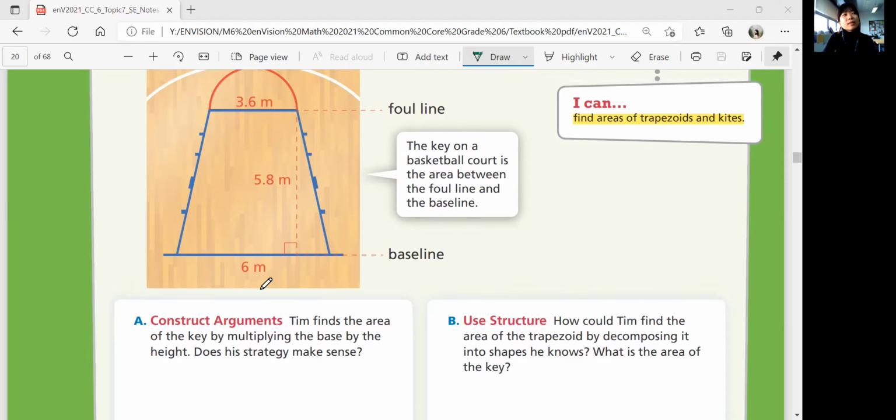If you multiply 6, the base, times the height, what is the area you get? You'll probably get the area of the rectangle or the parallelogram that you have.